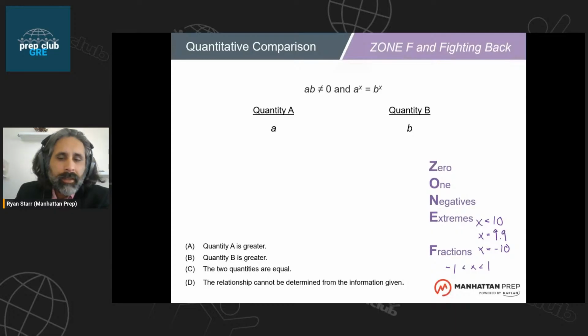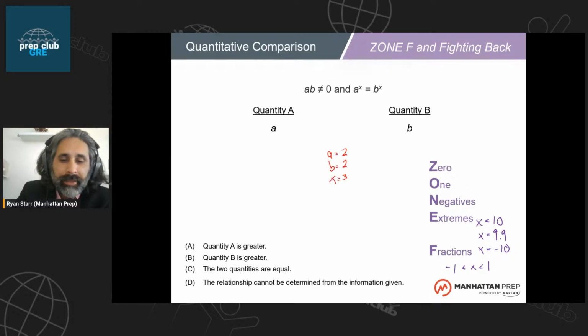With all that said, what's the key here? It turns out there are two ways you can get A and B to have different values. Let me acknowledge up front that A and B could absolutely be the same if A equals 2 and B equals 2 and X equals 3.